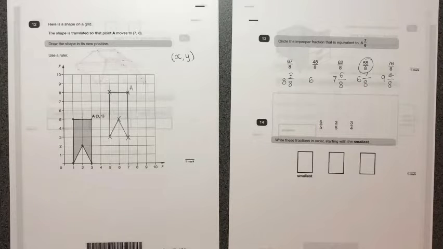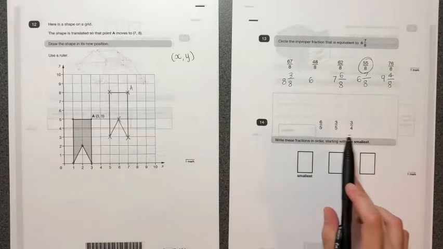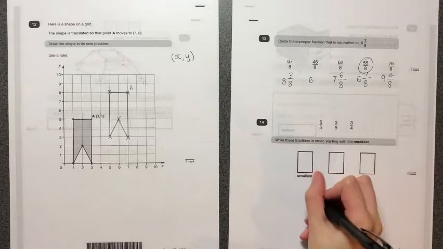Now, to work out which one is the smallest, we need to make these three fractions have the same denominator. Our denominator is our bottom number. We know that both 5 and 4 go into 20. 20 is a multiple of both 5 and 4, so we are going to make our denominator equal 20.